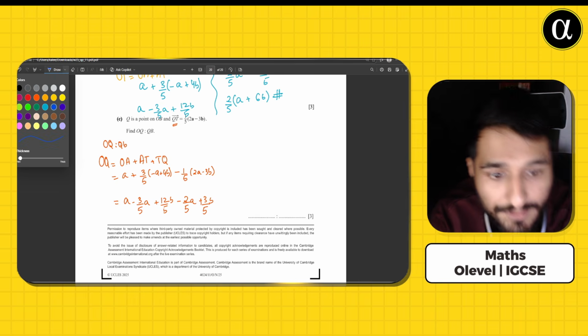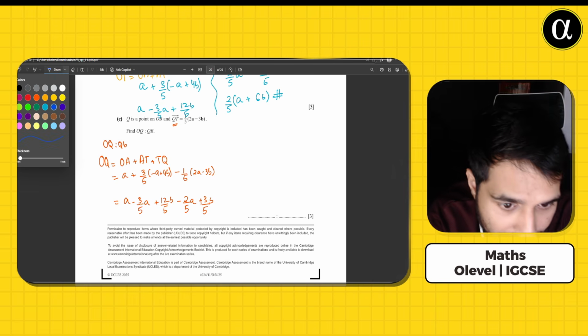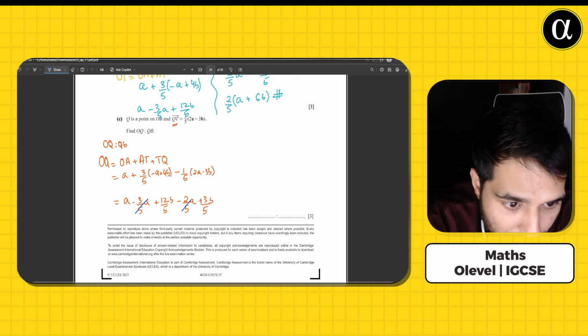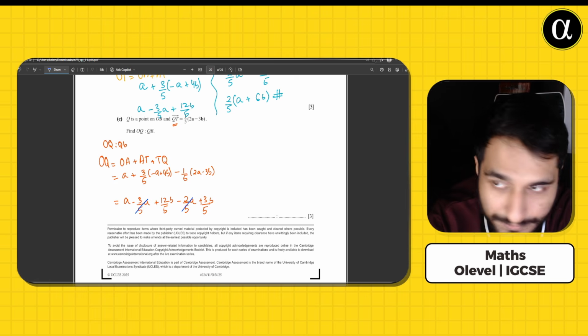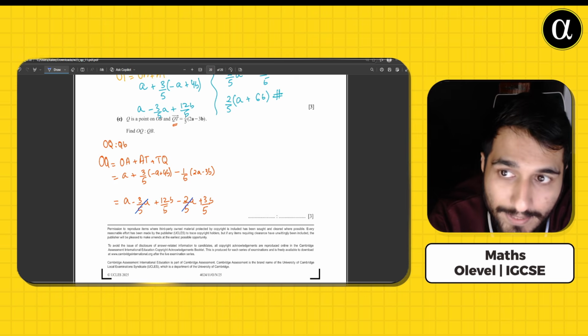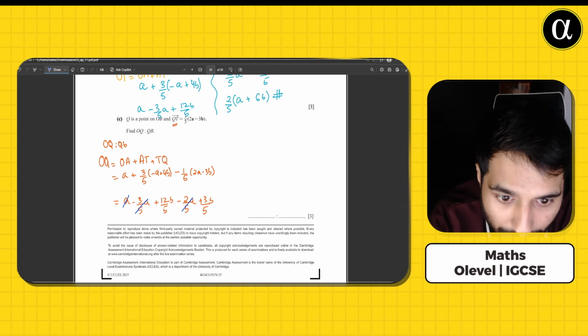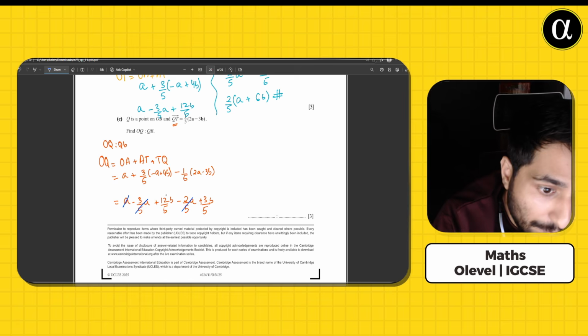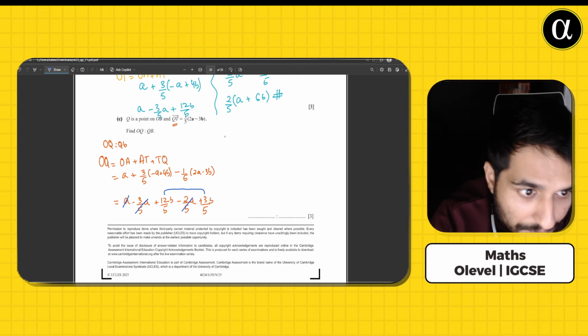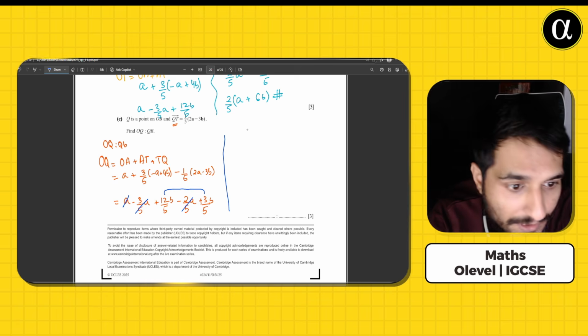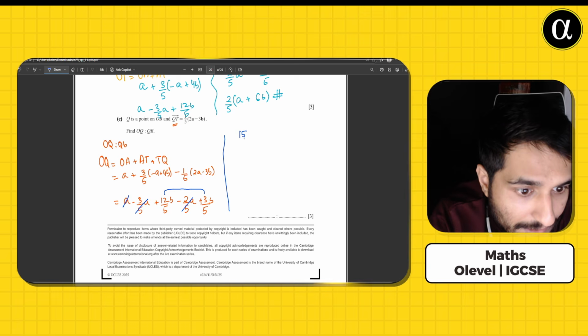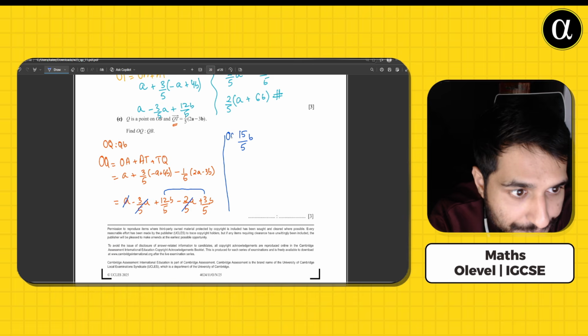Minus 3 over 5 of A and minus 2 over 5 of A, so minus 3 minus 2 is minus 5 over 5, that is minus 1A, right? So plus 1A and minus 1A will cancel, all right? Now we are only left with these two terms, and this would give me 12 plus 3 is 15 over 5 of B, and this is the value of OQ.